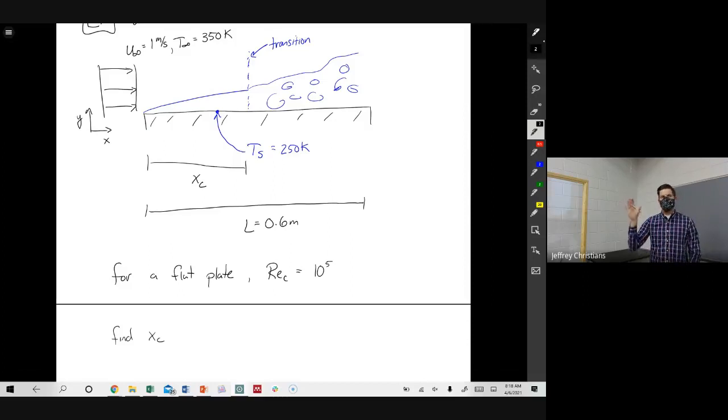All of the equations we're going to use to estimate convection are going to be much less exact than what we did for conduction, because conduction is super easy and we can get it pretty much exactly.